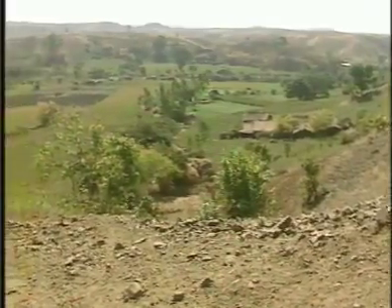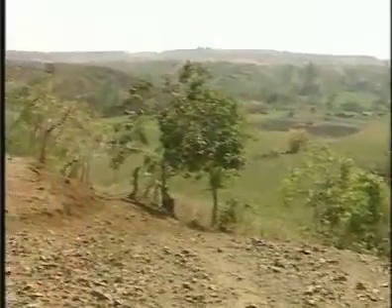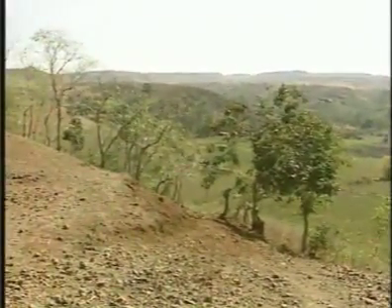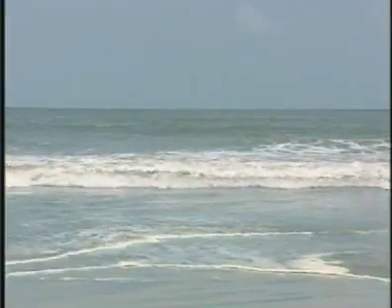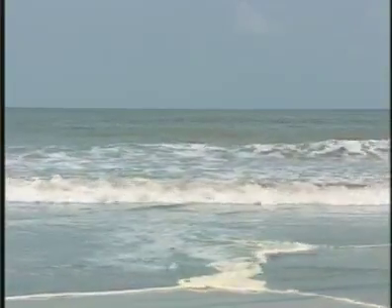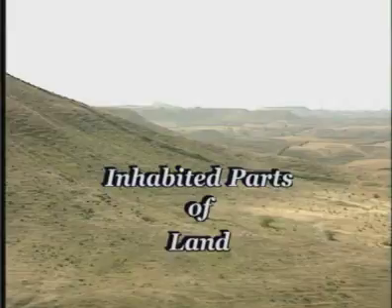The availability of land is limited. Land occupies only 30% of the total area of Earth's surface. The rest is water. Even this 30% is not always habitable. Inhabited parts of land.